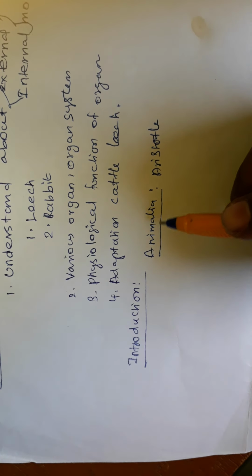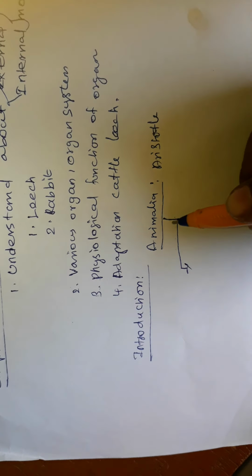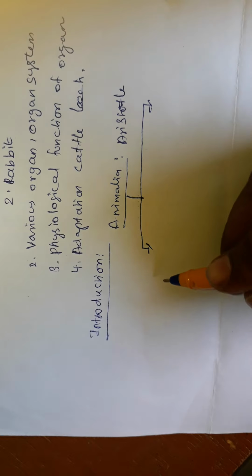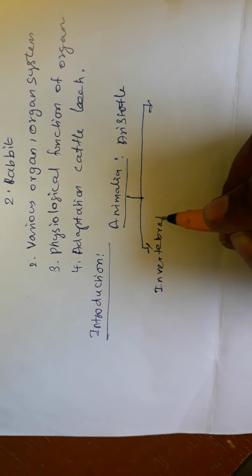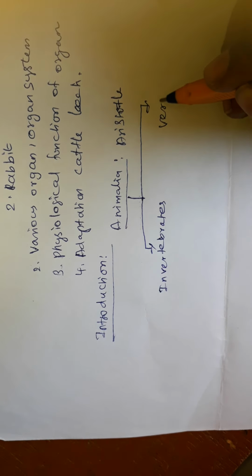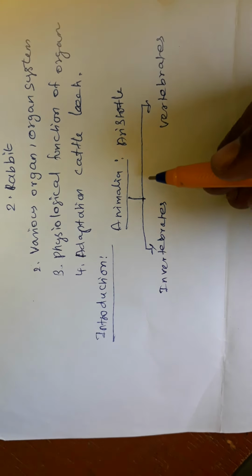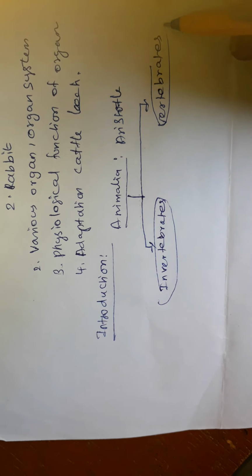Especially in zoology, it is Aristotle. Generally, the kingdom Animalia is divided into two groups: one is called invertebrates and the other is called vertebrates. These two major broad groups divide Animalia.